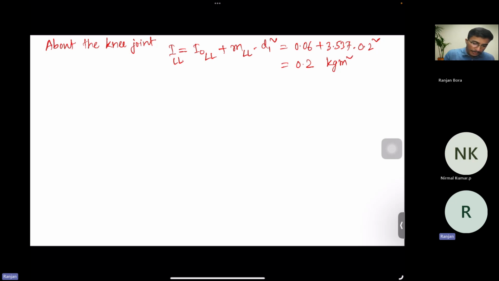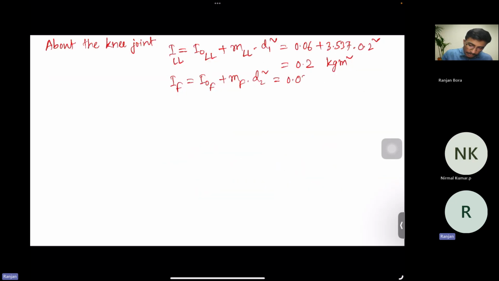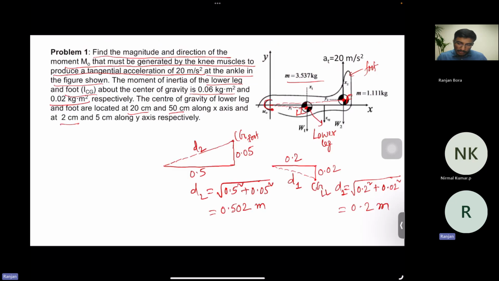Okay, and for the foot, it is I naught of the foot plus the mass of the foot multiplied by d2 square. So the moment of inertia of the foot about the center of gravity is 0.02 plus the mass of the foot, 1.11, multiplied by 0.502 squared.